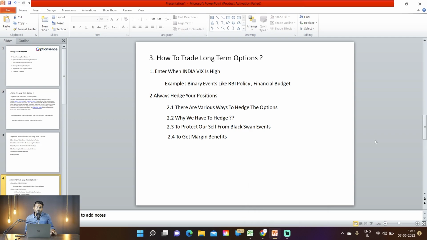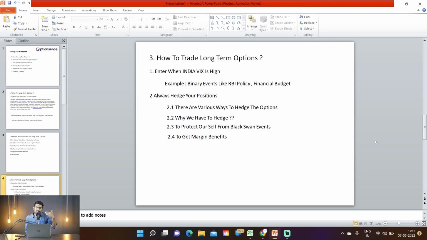So why do we have to sell a long term option at the time of a binary event? Because whenever there is a binary event, India VIX tends to move on the higher side. When India VIX moves higher, you sell a short straddle, a short strangle, or a ratio spread. Yes, all these strategies can be done on long term options.